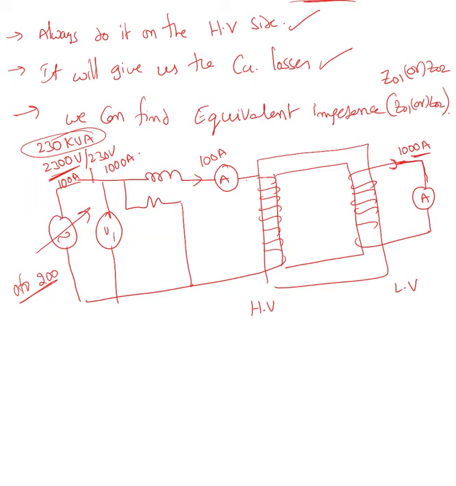So we're going to do this test on the HV side, but never ever supply the full voltage. We slowly increase the voltage until we see the maximum load current on the secondary. Here the maximum load current is 1000 amperes with this rating, so we apply up to that current.